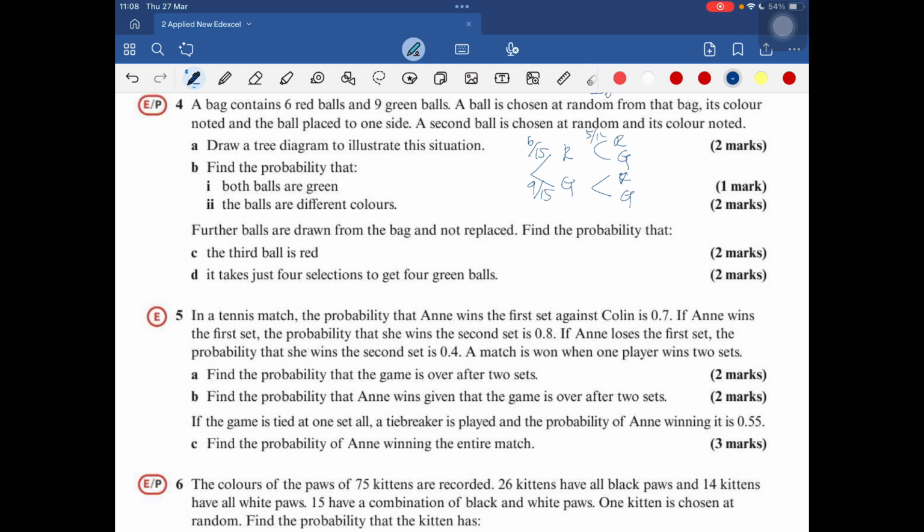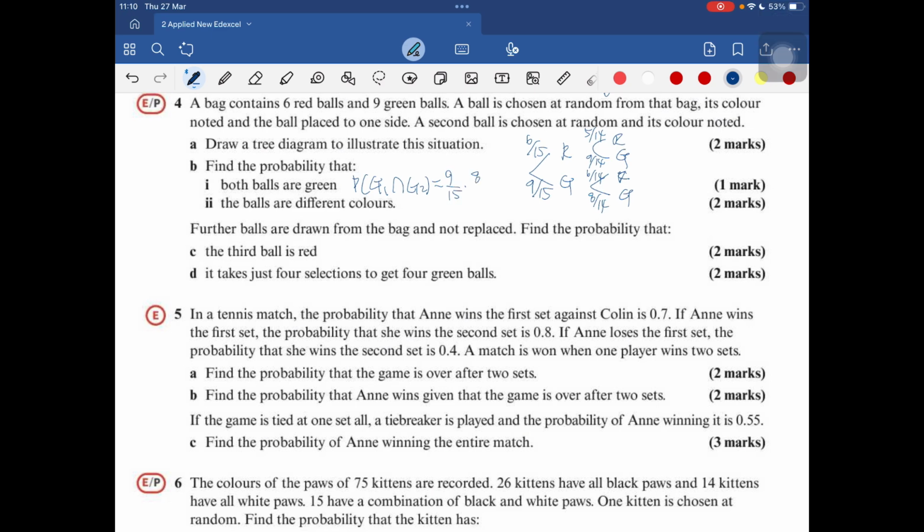Then 5 out of 14, 9 out of 14, 6 out of 14, 8 out of 14. So this is a full tree diagram. Find the probability that both are green: 9 out of 15 times 8 out of 14.